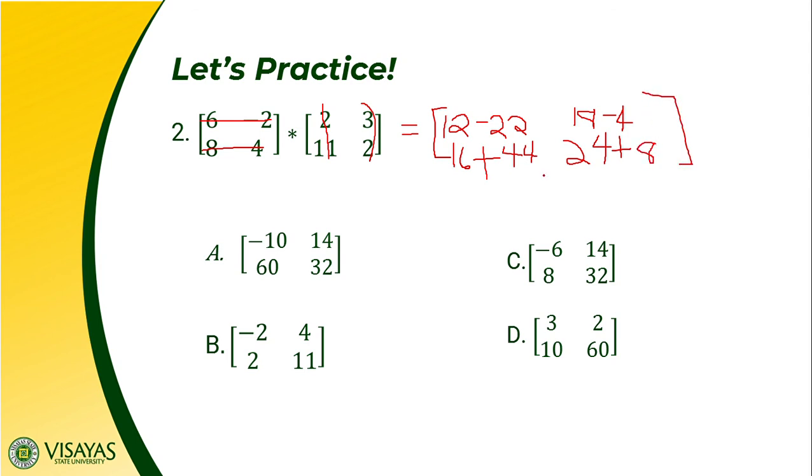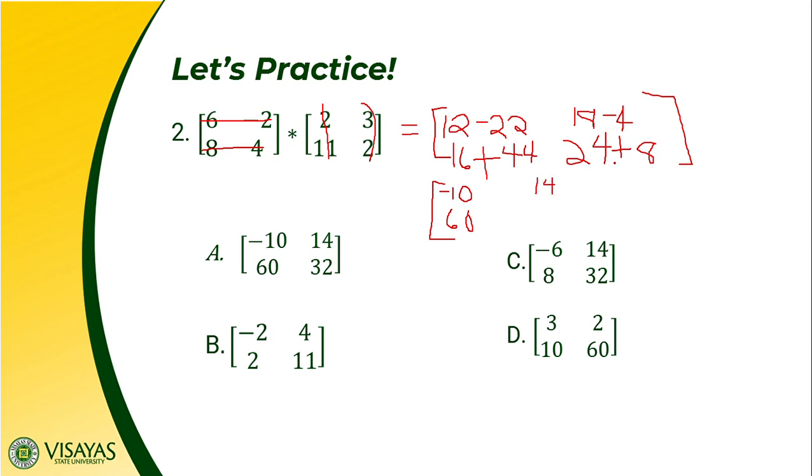So you just simplify. 12 minus 22, that is negative 10. 16 plus 44, we have equal to 60. 18 minus 4 is 14.